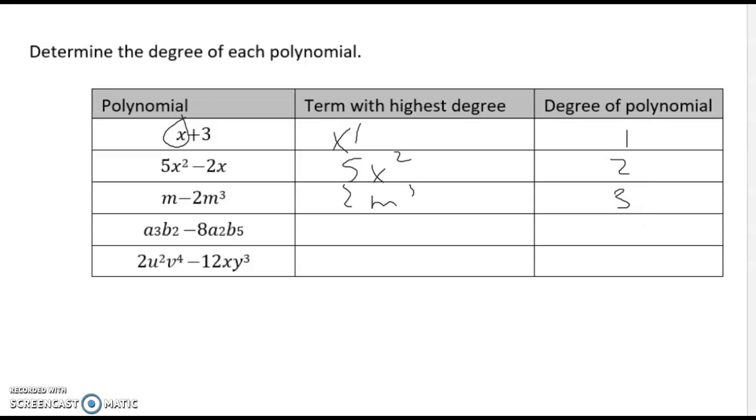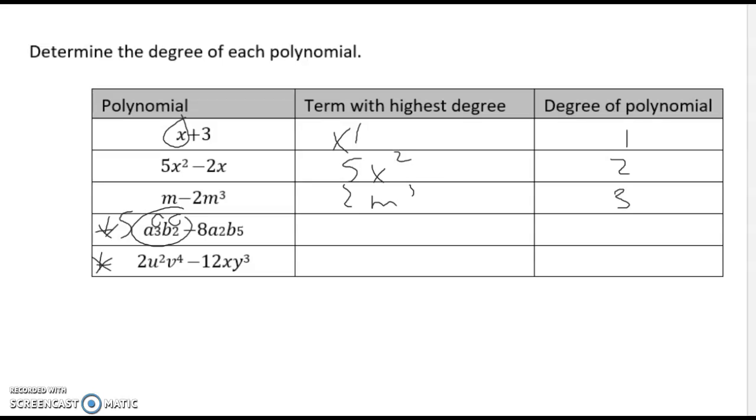These last two are tricky. Okay. So the first one, okay, this cube should be up top here. So that's a cubed plus b squared. So this one right here would have a total of 5. Okay.